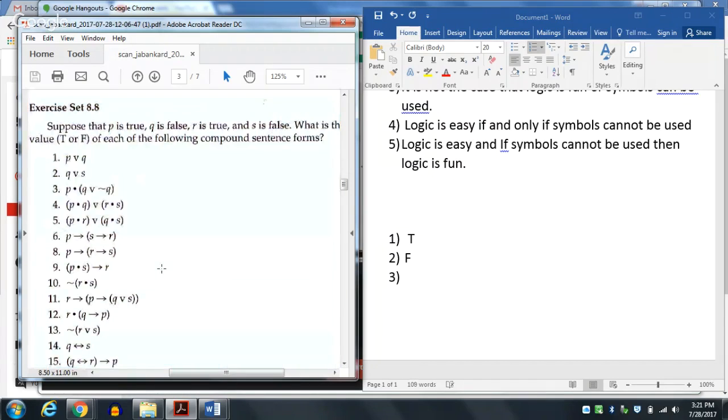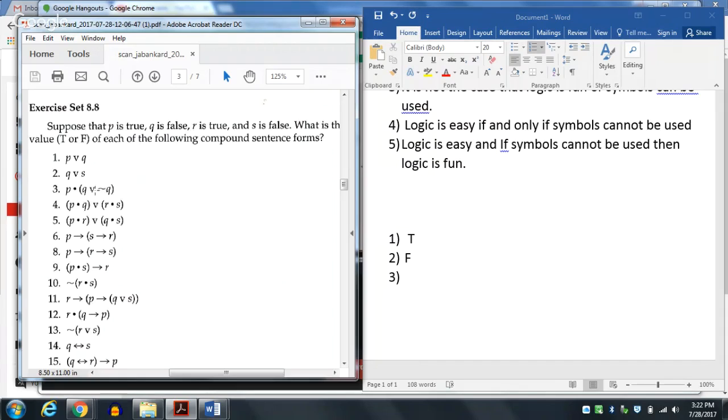All right. Number 3, P and Q or not Q, okay? P is true, right? So we got that. And we need one of these to be true. So P is true. Since it's an and, the primary relationship is the conjunction here outside the parentheses. That's the primary relationship.